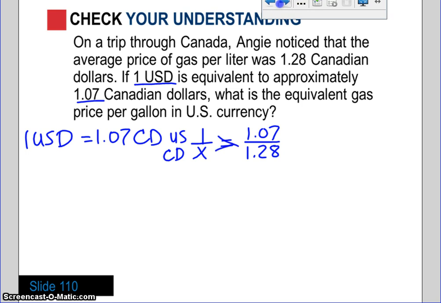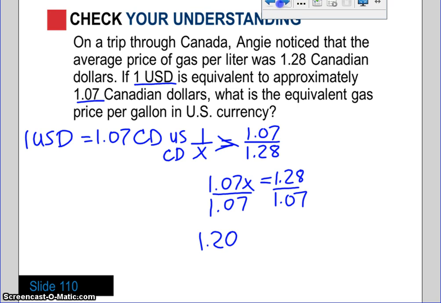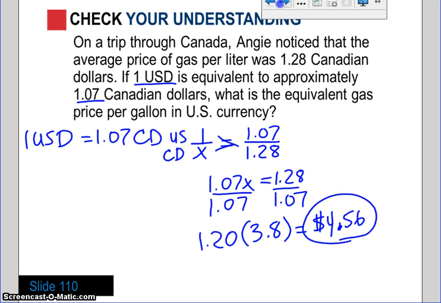If we cross multiply that, we get 1.07 times that Canadian dollar equals 1.28. We're going to divide both sides by the 1.07, and we get that it was $1.20 in US currency. We then multiply that by the 3.8 for the liters, and we end up with $4.56 per gallon for gas.